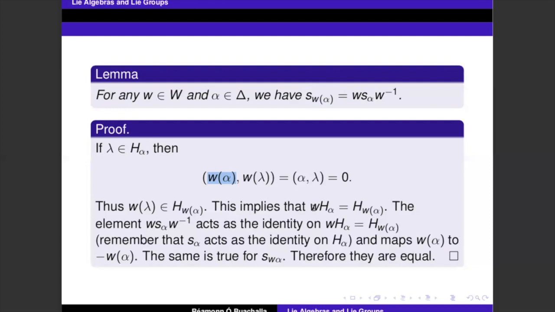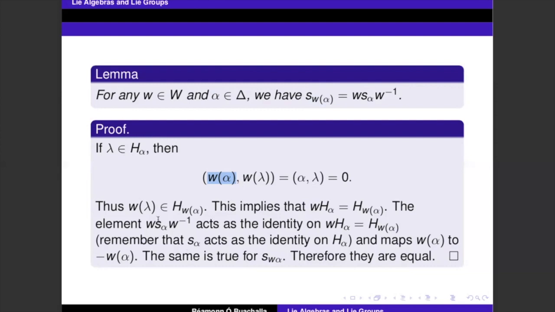Now, the element W S alpha W inverse is going to act as the identity on W H alpha, which is equal to H of W alpha, where we remember that S sub alpha is going to act as the identity on H alpha. Remember that when it does the reflection, it does nothing to the vectors which are perpendicular, and it only switches the sign of the linear span of alpha itself, but it just acts as the identity on H alpha.